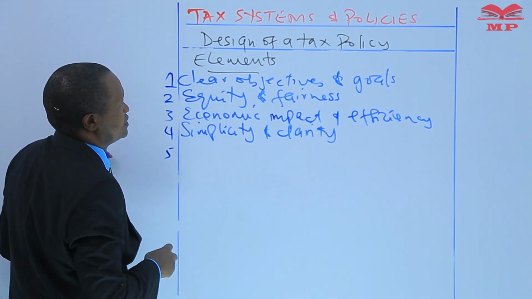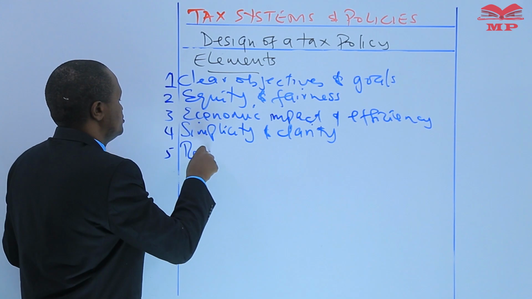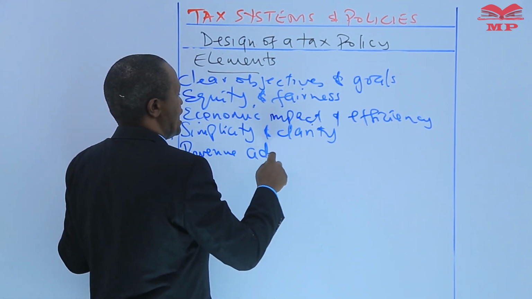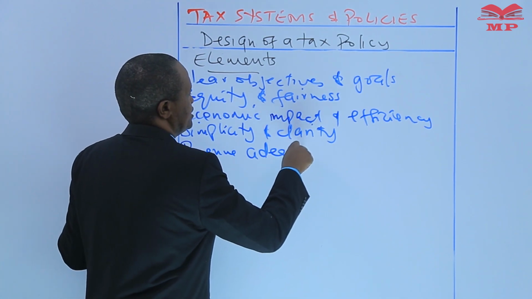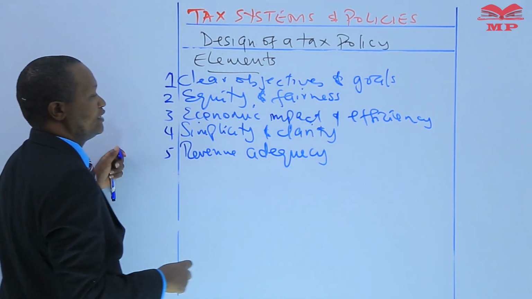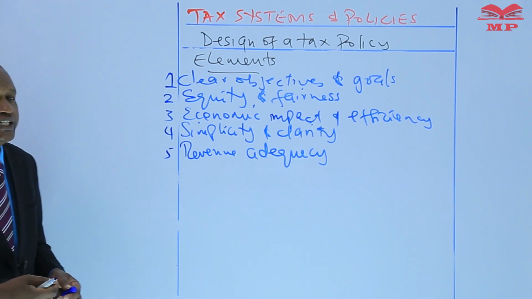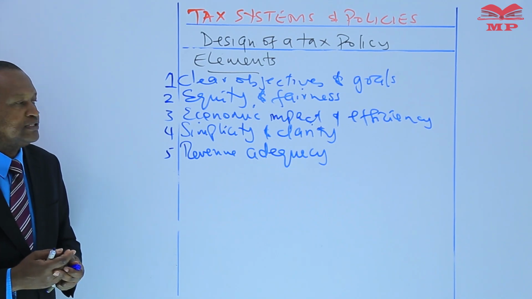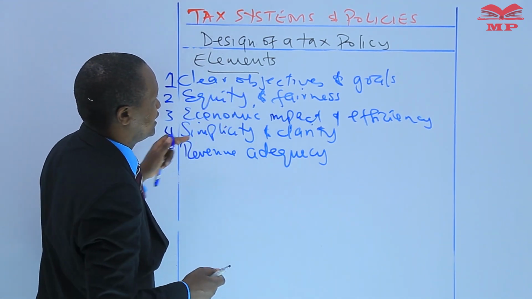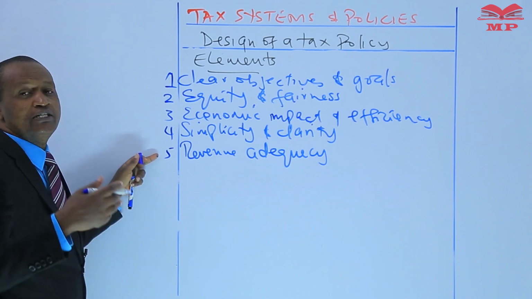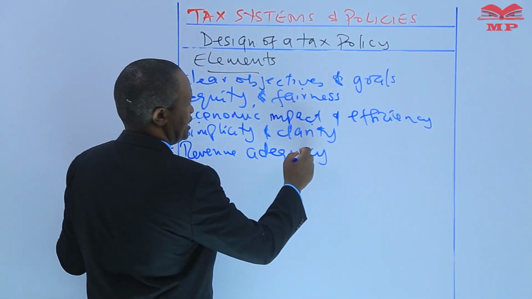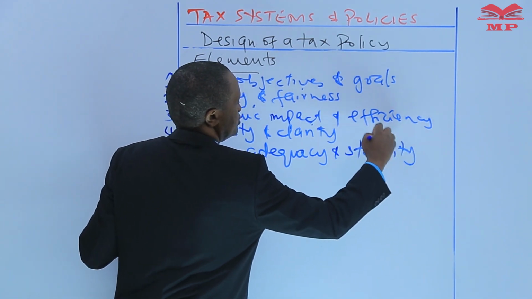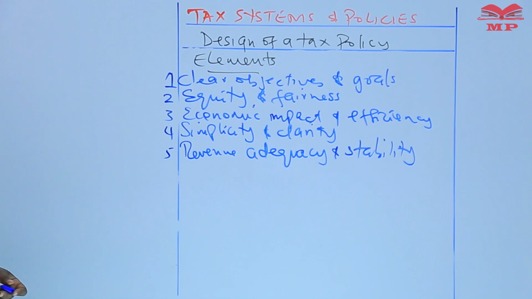Number five, revenue adequacy. When designing a tax policy, consider revenue adequacy and stability.